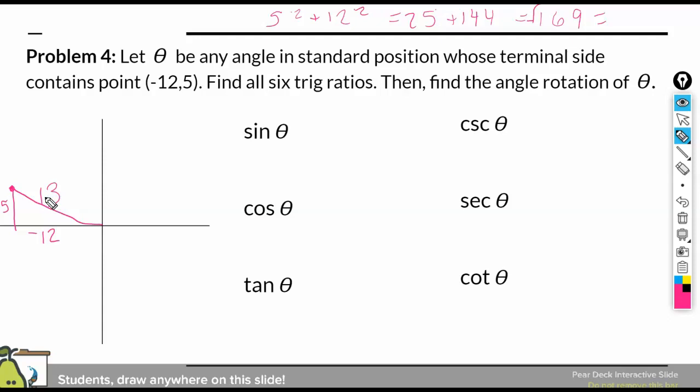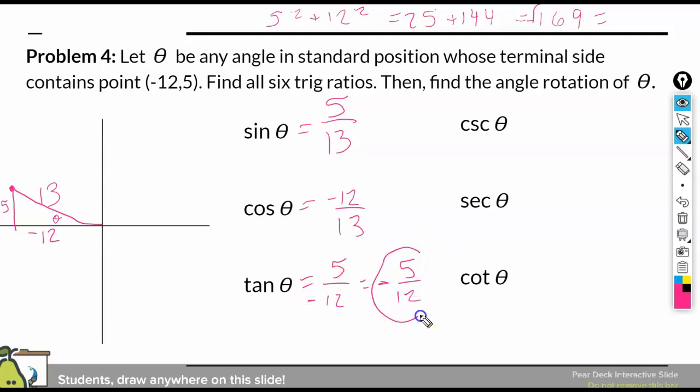So sine is going to be opposite over hypotenuse, which is going to be 5 over 13, and sine is positive. And cosine is going to be negative 12 over 13, which is negative. And tangent is going to be positive 5 over negative 12, which is going to end up being a negative 5/12.